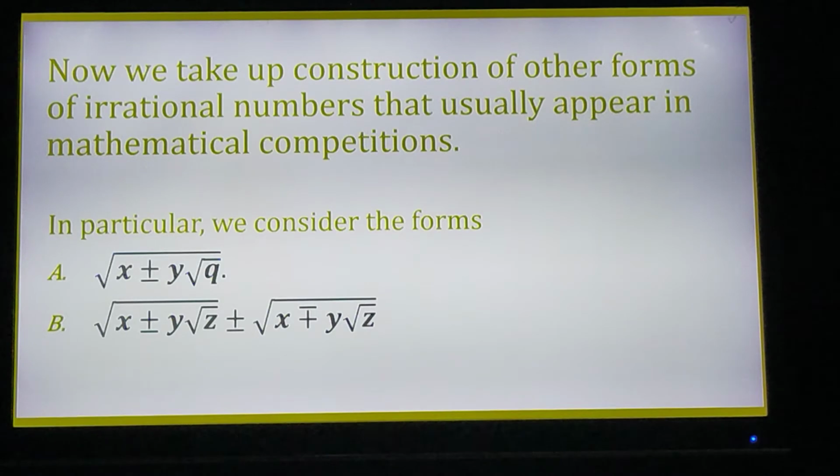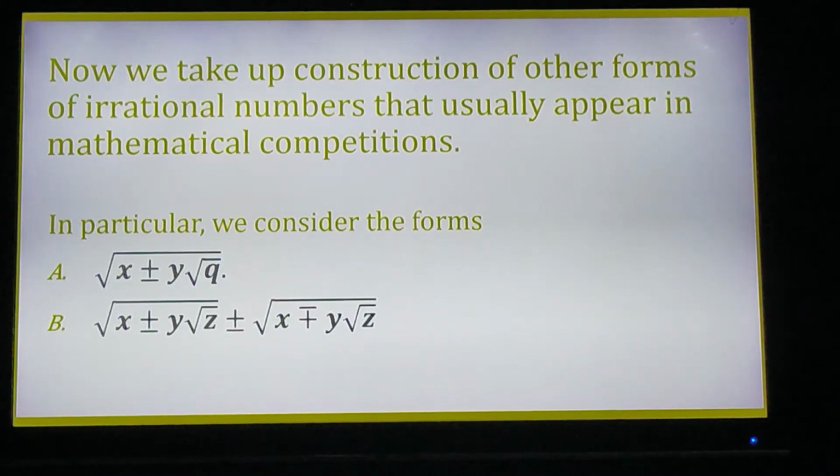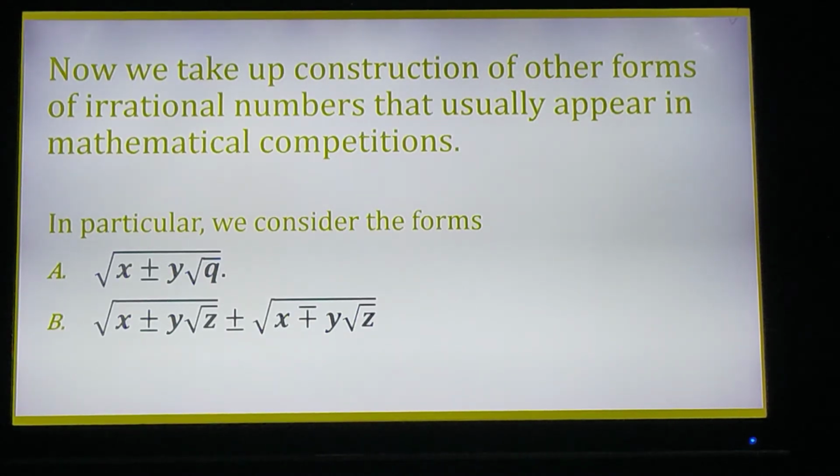So here we will try to construct irrational numbers of the form square root of x plus or minus y square root of q, and square root of x plus or minus y square root of z plus or minus x minus plus y square root of z. Problems of this type have appeared in many mathematical competitions.